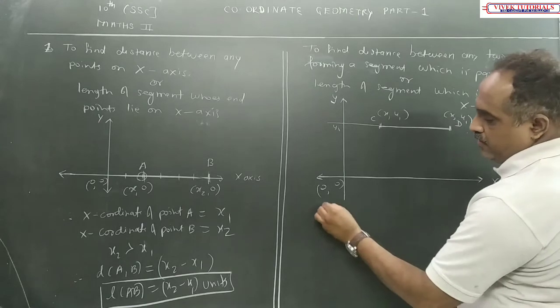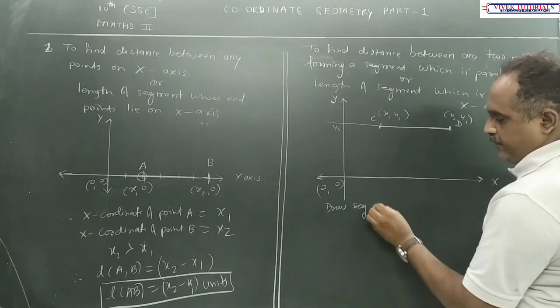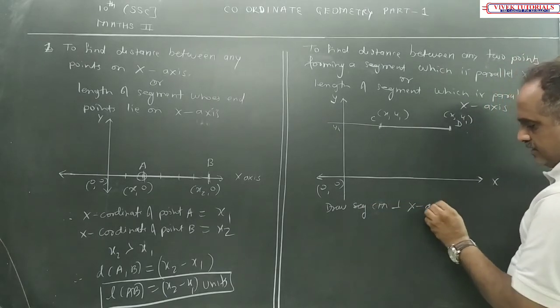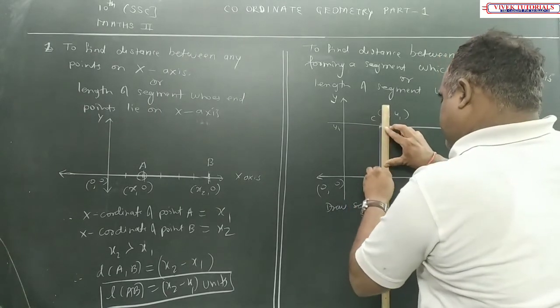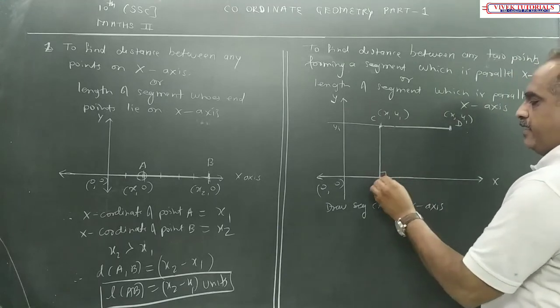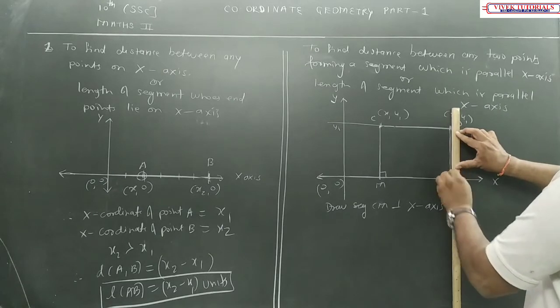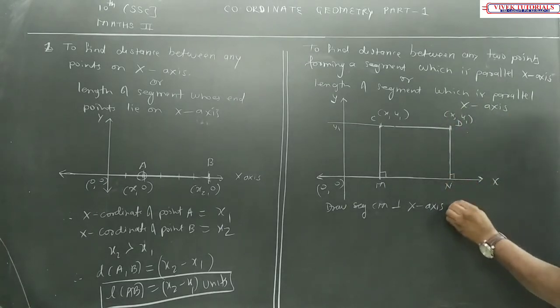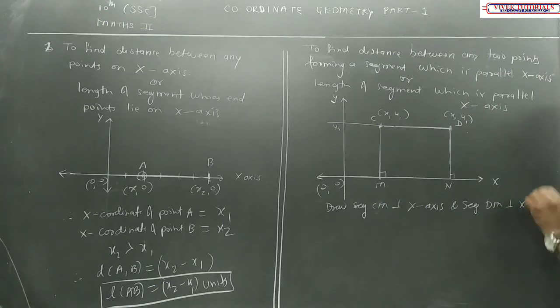Now draw segment CM perpendicular to the x-axis. So if I draw a perpendicular from here to the x-axis, and here I am going to draw CN perpendicular to the y-axis, and segment DN perpendicular to again the x-axis.